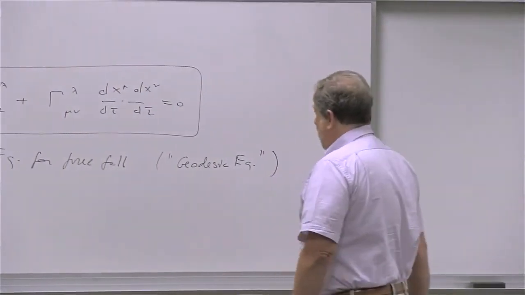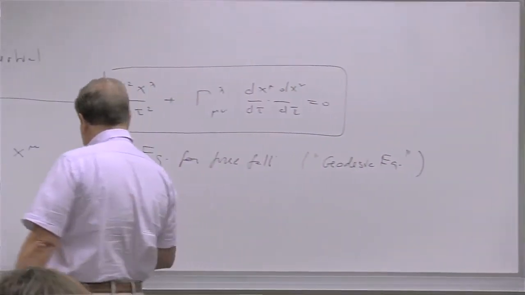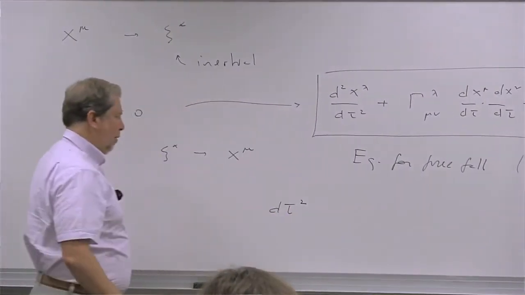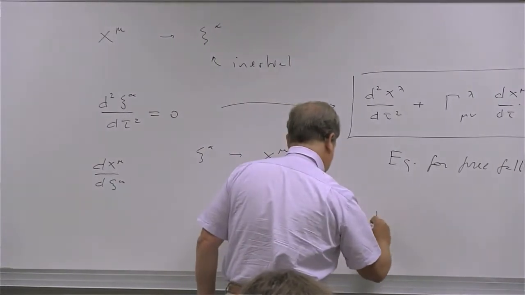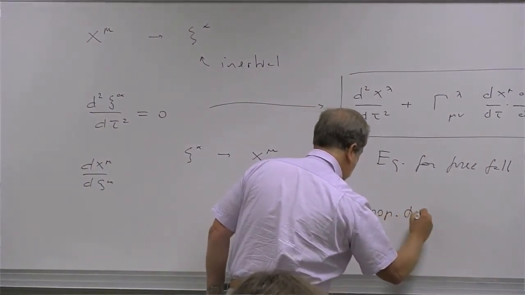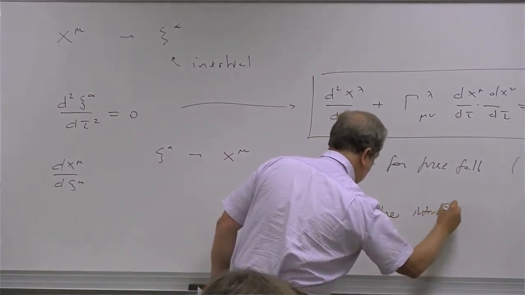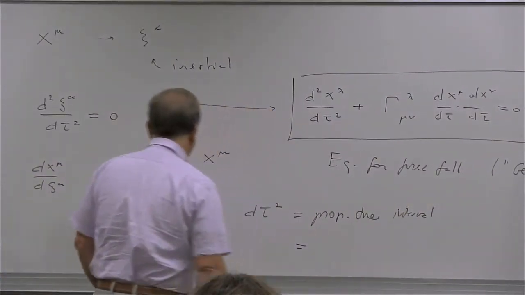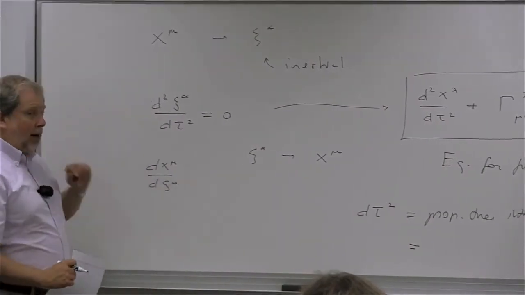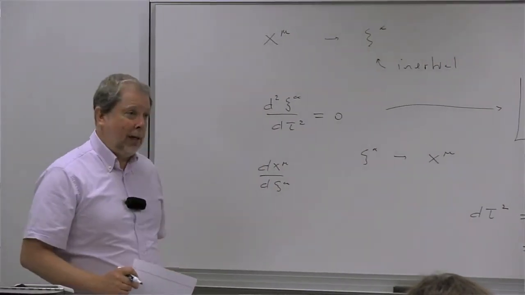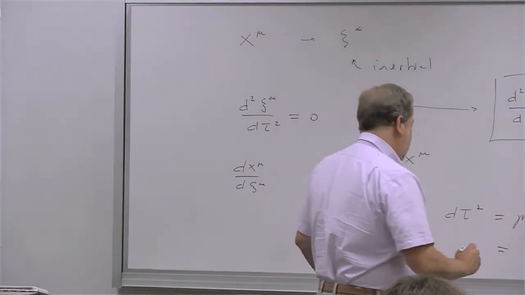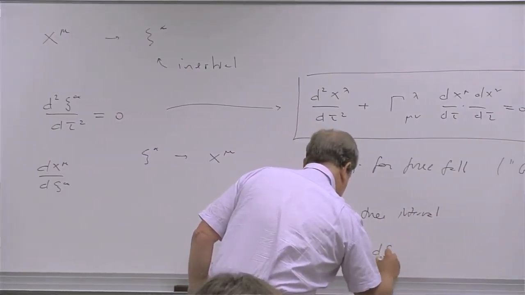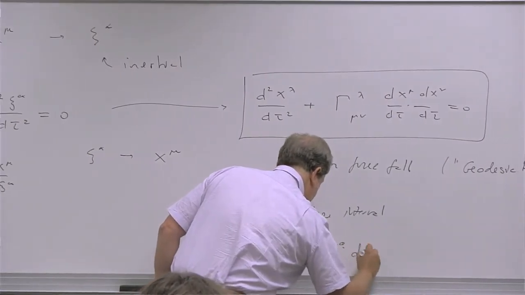And the other thing that we mention is that if you look at the proper time interval, in the freely falling frame it is given by this metric: minus eta alpha beta dxi alpha dxi beta.